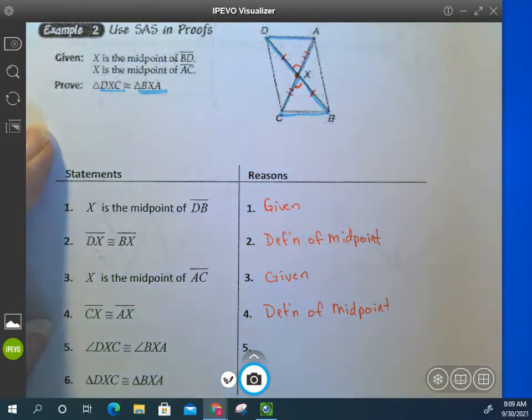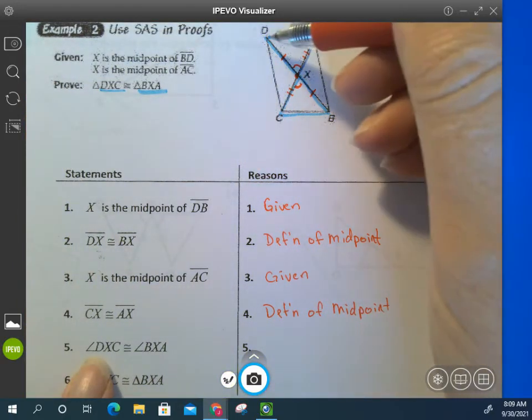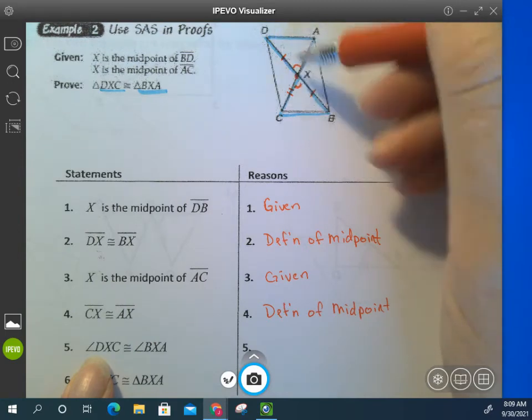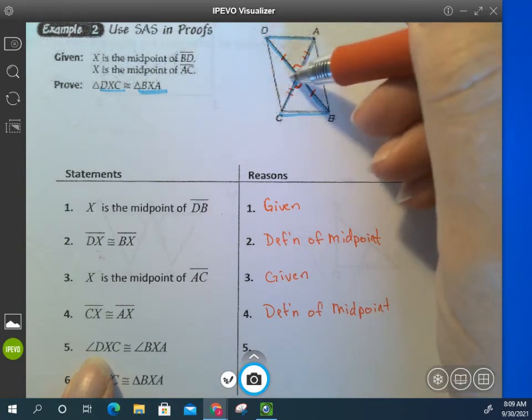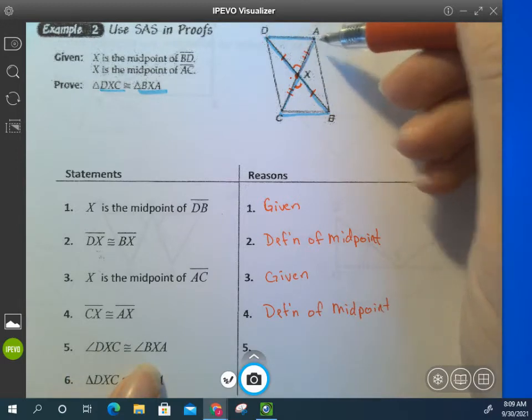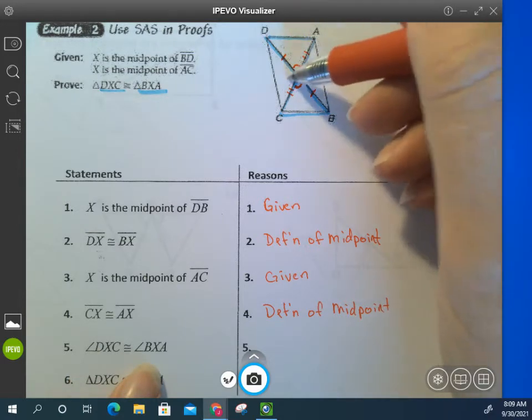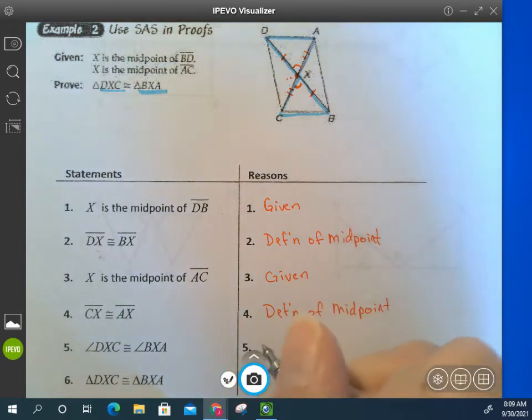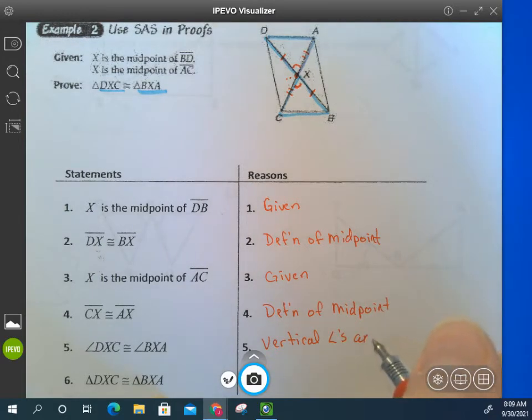So when it says angle DXC, this one here, is congruent to angle BXA right here, that's called a vertical pair or vertical angles. Vertical angles are congruent.